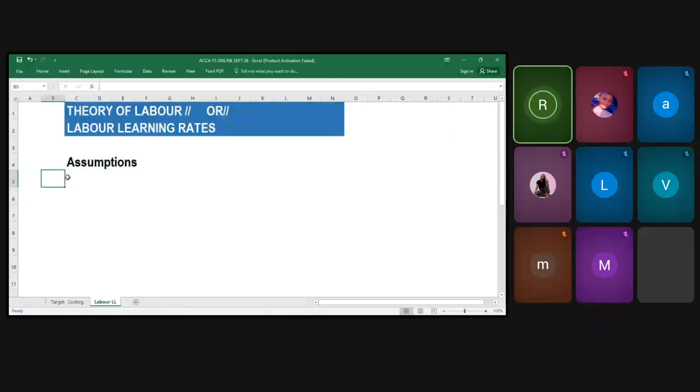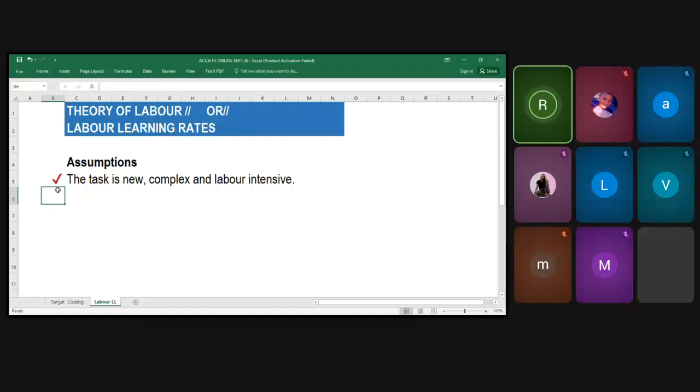Assumption number one: the task is new, complex, and labor intensive. So you learn from something that is new, something that is difficult, and something that you can do with your hands. That is the first assumption of the theory of labor.